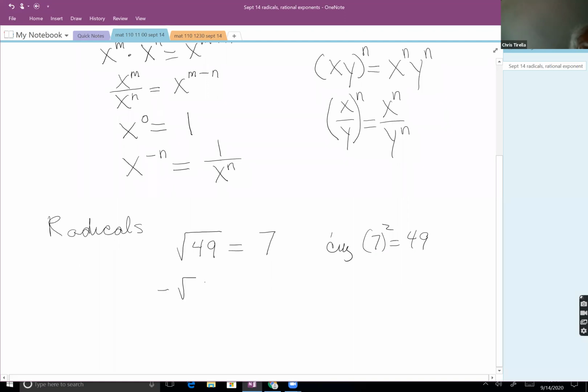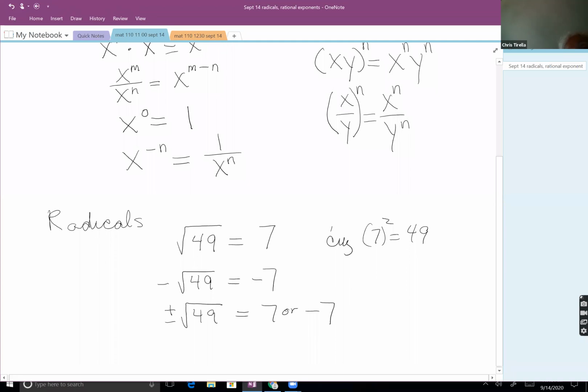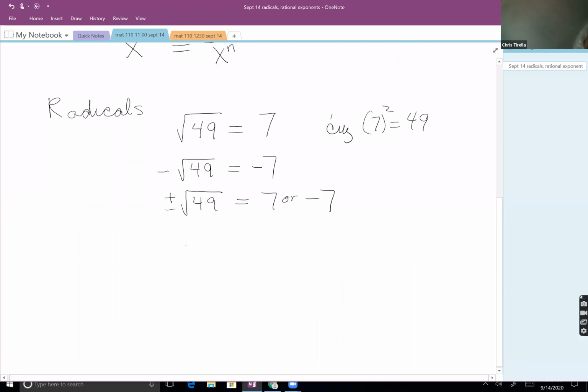If I want the negative one, I'll put the negative sign out in front. And if I want both, I'll put that plus minus sign out in front to get 7 or negative 7, the two different possibilities. We also said that if I take the square root of something squared, it will always give me the absolute value of that quantity.